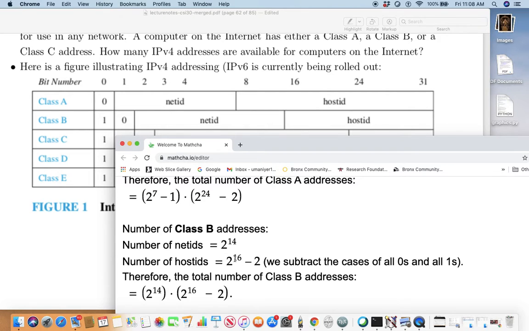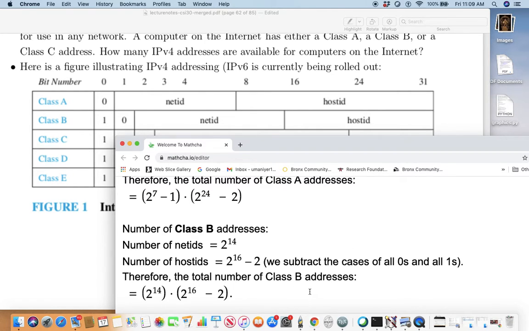Likewise for Class B addresses. You have 14 places for the net ID. That gives you 2 to the 14. And host ID, 16 places. 2 to the 16, but remove the 2 which consist of all zeros and all ones.